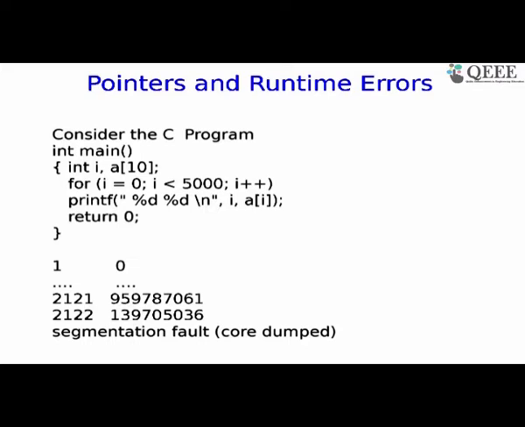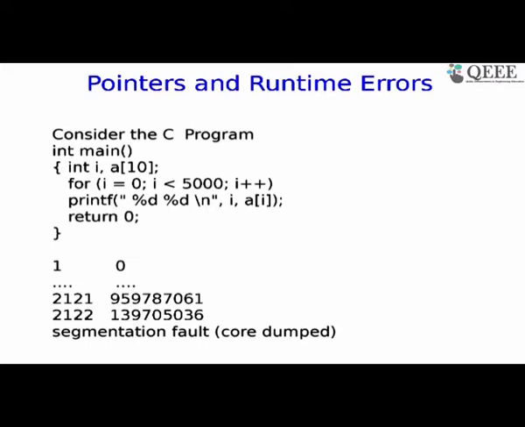Now observe the problem. Since the loop runs up to 4999, the print keeps on coming. And on one given run, after going to index value 2122, which gave some arbitrary junk, uninitialized value, the program ended with a segmentation fault. We'd like to examine why.